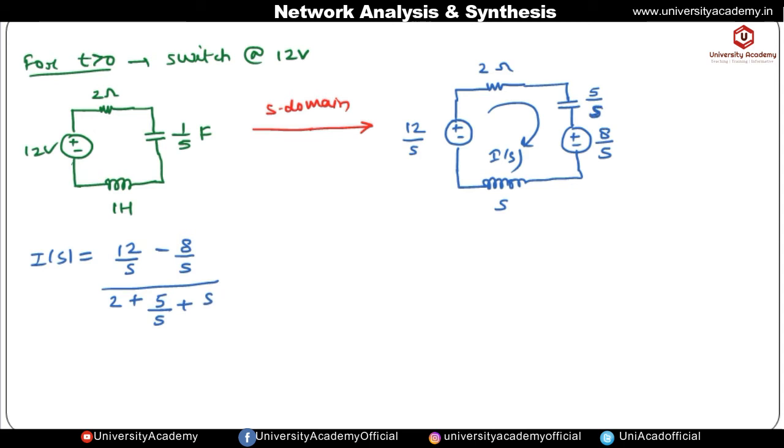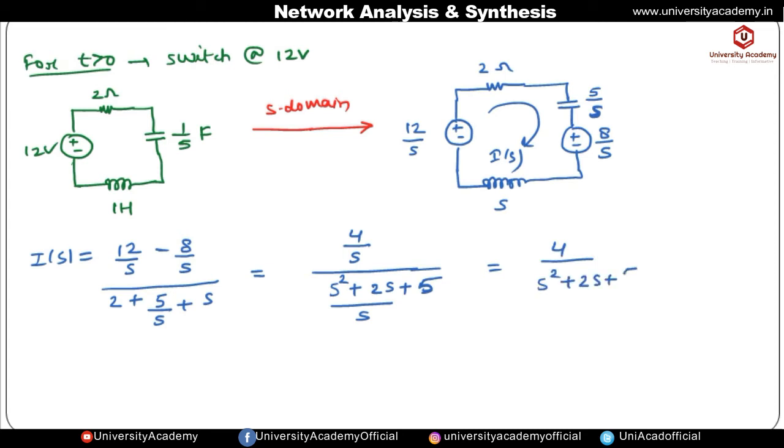Now let us simplify. 12 minus 8 is 4 by S, and taking the LCM as S, we get S square plus 2S plus 5. So it will be equal to 4 by S square plus 2S plus 5. Now we have to find the I of t expression.